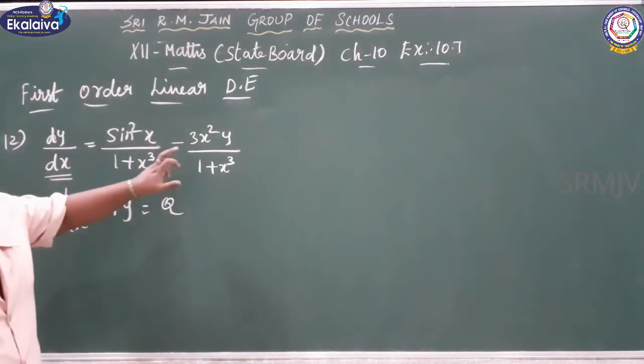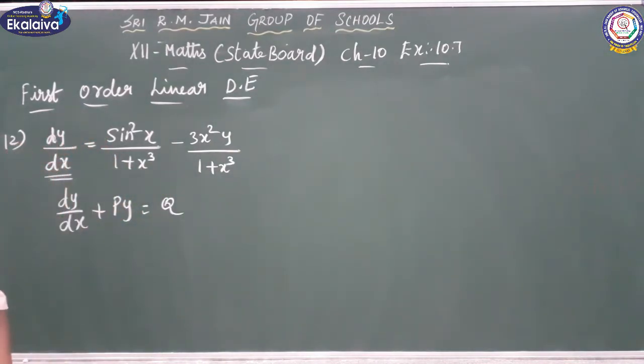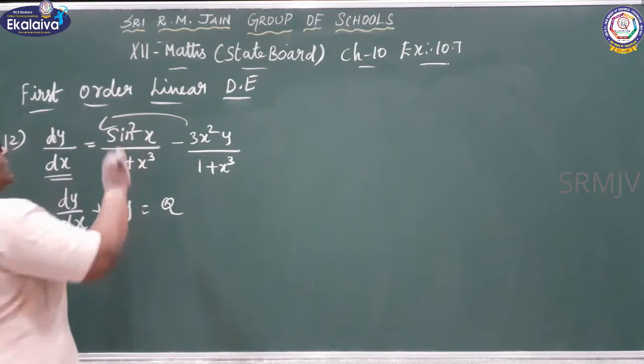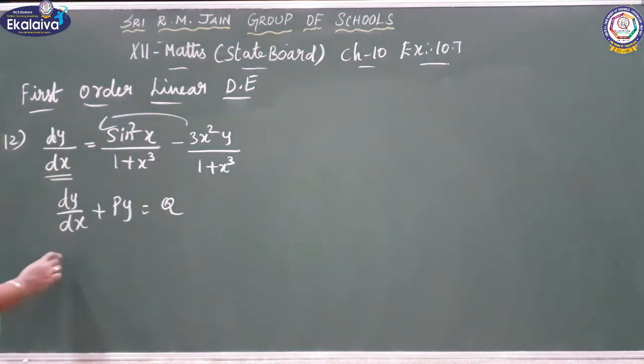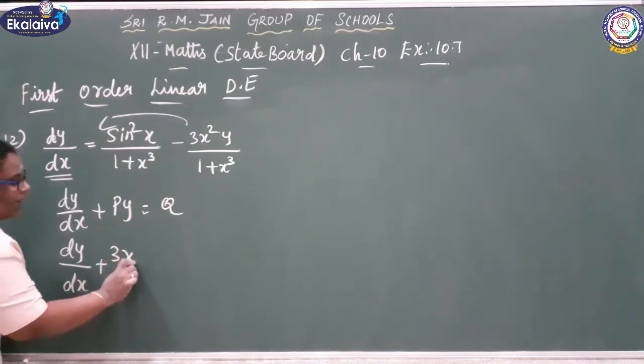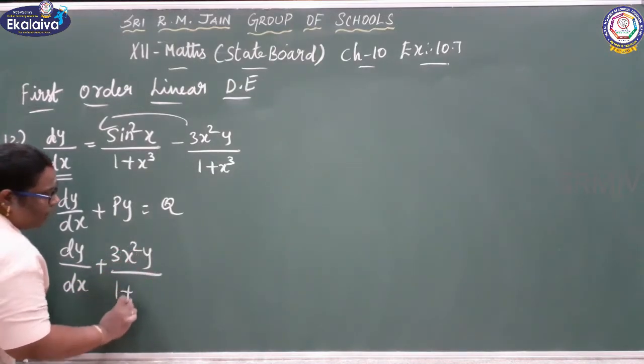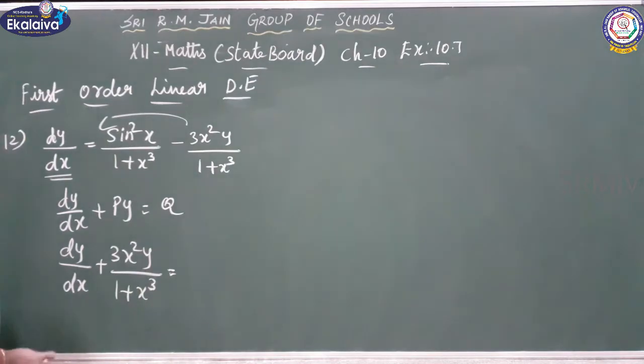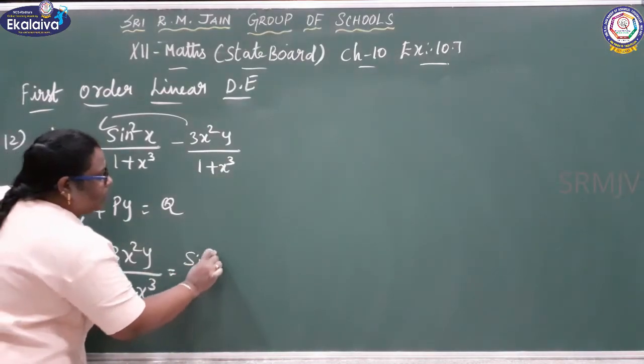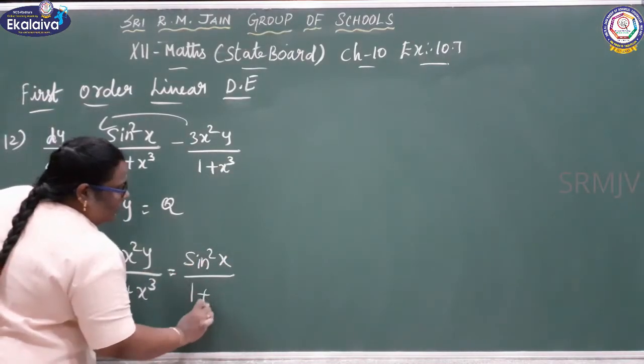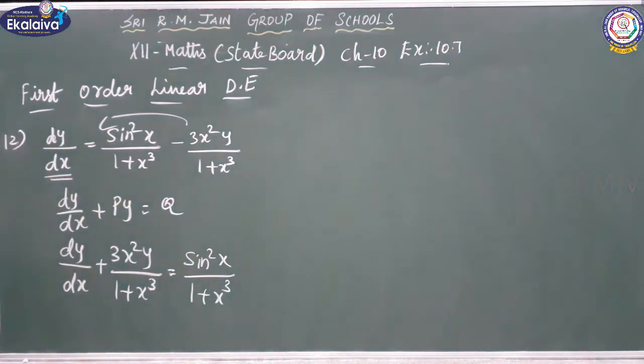This is the y term, the 3x square y, because the coefficient of y is nothing but p. So you bring this term to the left hand side. See here, dy by dx plus 3x square y by 1 plus x cube equal to sin square x by 1 plus x cube.